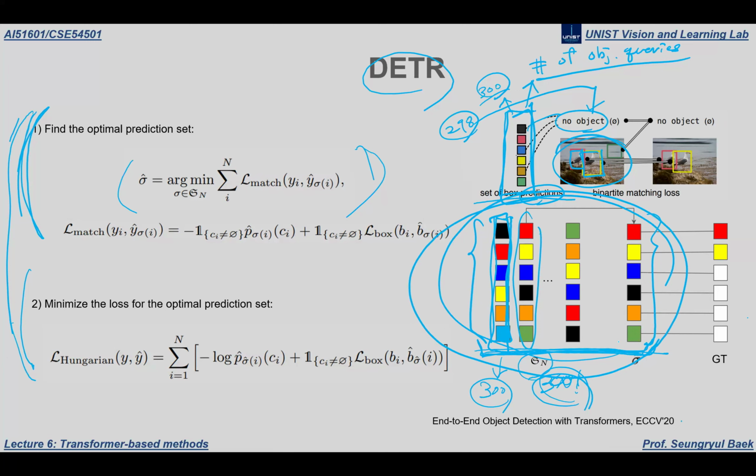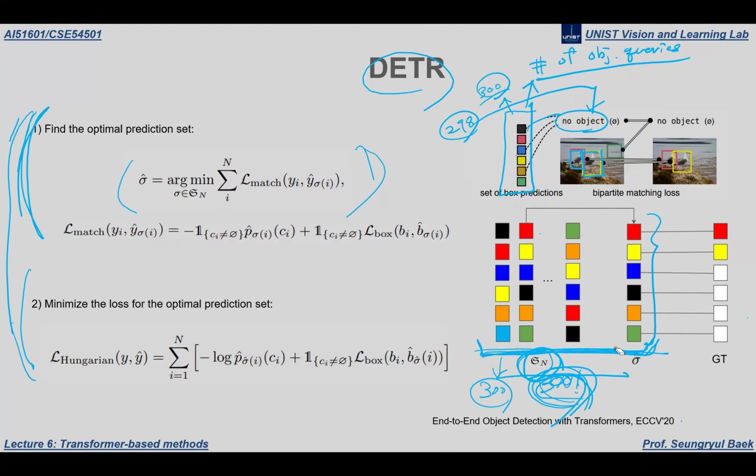Okay. So if we rearrange the order of the output, the number of all possible orders might be 300 factorial. And among all these combinations, all these permutations, which will be called sigma n, we have to find the optimal sigma, which is sigma hat.